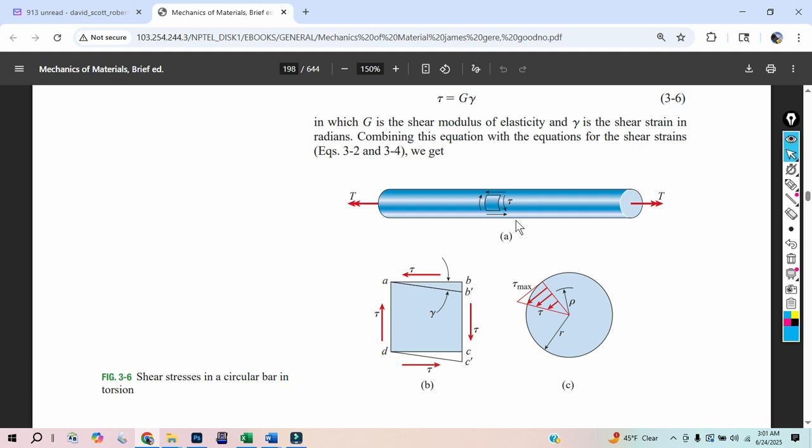In a moment they're going to say this square is a three-dimensional thing. It actually has some dimension into the cylinder, even if it's just one molecule deep. Keep that in mind, because the force that you would apply has to be on that surface that's cut in. We're just looking at the outer surface.